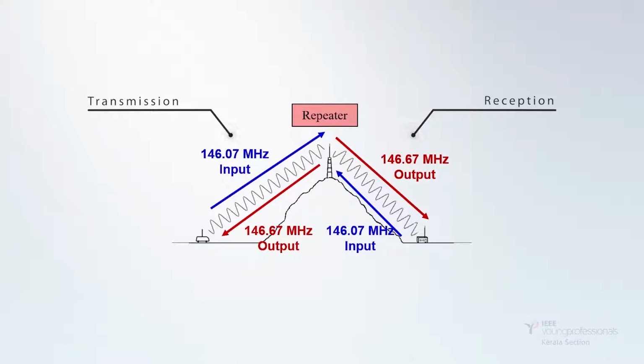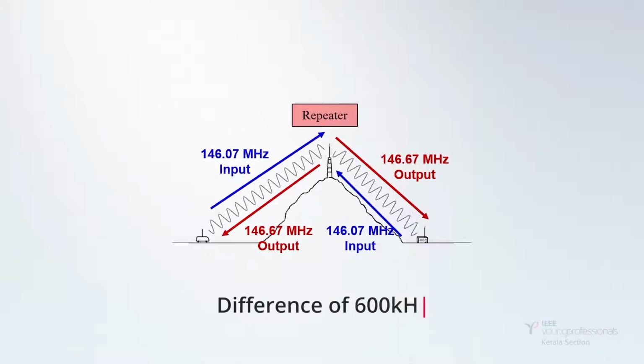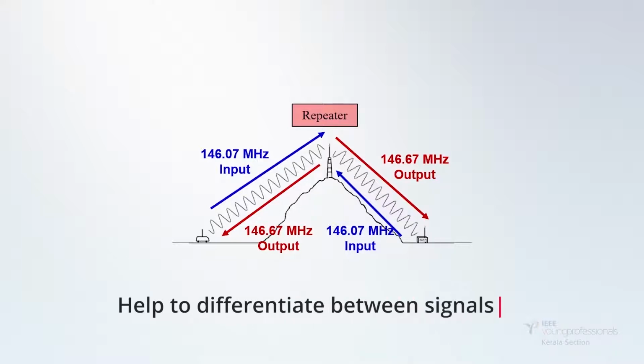Now you have observed that there is a difference of 600 kilohertz between the transmitter frequency and the frequency of reception. This is called a standard negative shift. In general, repeaters use a standard shift or a negative 600 kilohertz shift. We use this shift to identify the transmitted and the received signal separately.